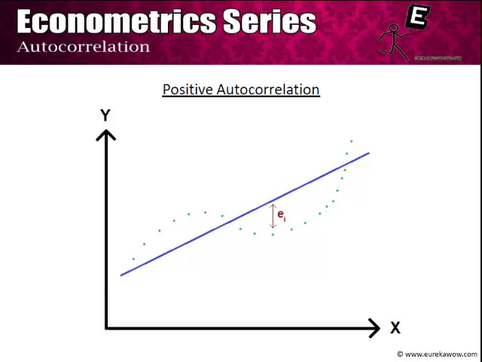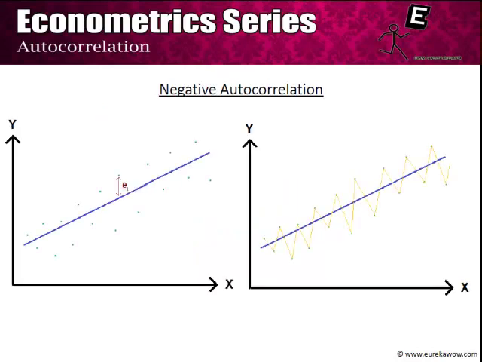For example, if we take y to be the GDP growth rate and x to be time, then good GDP growth rate in this quarter is likely to be followed by decent GDP growth rate in the next quarter, unless we're talking of a crisis situation. Hence, because of this inherent inertia in most economic variables, positive autocorrelation is more commonly observed.